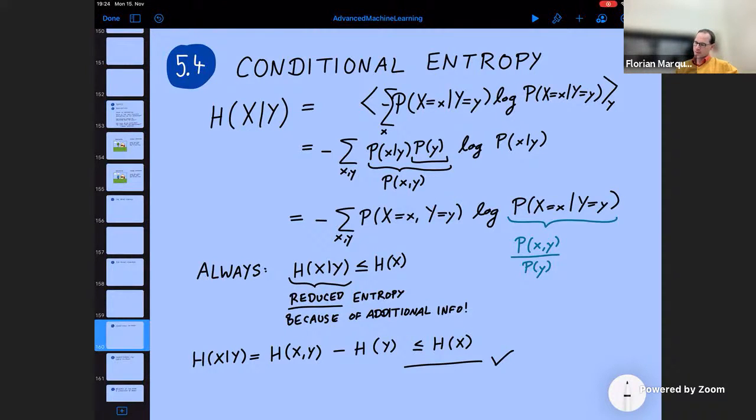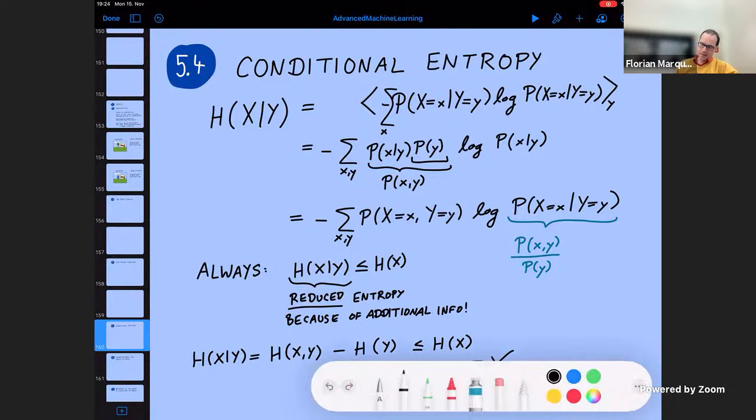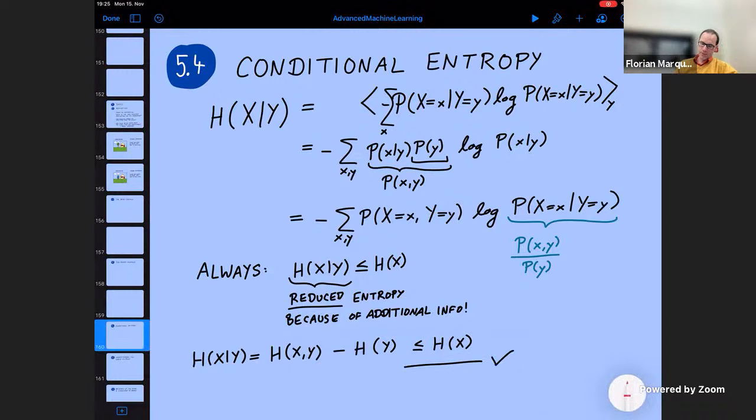Okay, very good. So now we already discussed the very important fact that we should repeat here, that the entropy goes down only on average. So only because we average over y.